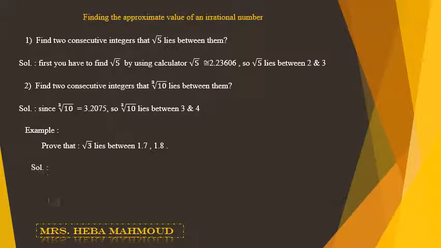Solution. Since this is a square root, we will raise each number to the power 2. The square root of 3 to the power 2 will be 3, 1.7 to the power 2 is 2.89, and 1.8 to the power 2 equals 3.24.